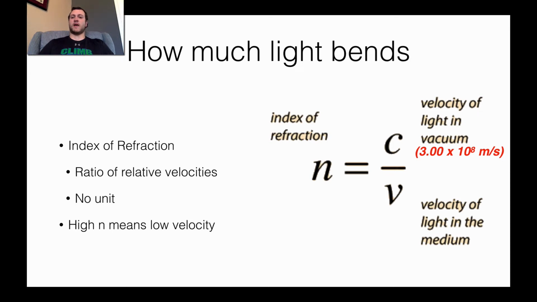The medium would be a vacuum itself, so you'd end up with c over c, which gets you 1. So the faster light moves, the lower the index of refraction is. The slower light moves, the higher the index of refraction is. And because we're taking a ratio of these velocities, there is no unit on n.